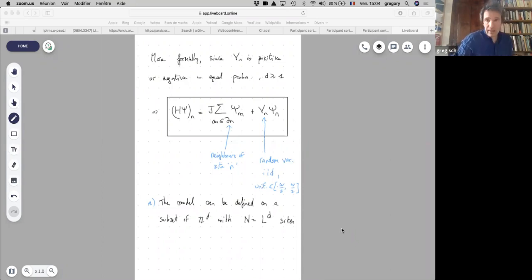And in this case, as I said, this H operator is now a random matrix. So H is now a matrix. And it's easy to see that it has a relatively simple structure. H of Mn is just equal to J if M and N are nearest neighbors.